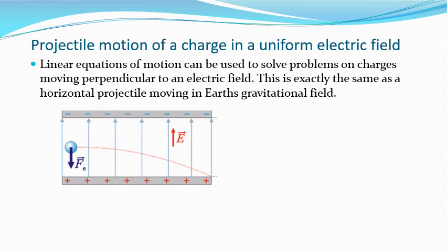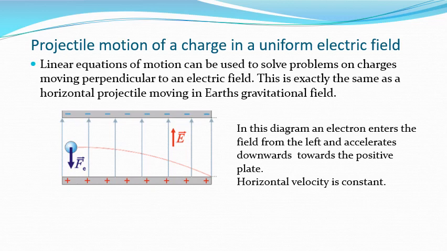It might follow this curved path because, if it's a negative charge, it's attracted to the bottom plate. Entering this field already moving from left to right, it follows a curved path just like a projectile, and we can solve it the same way as our normal projectile problems.